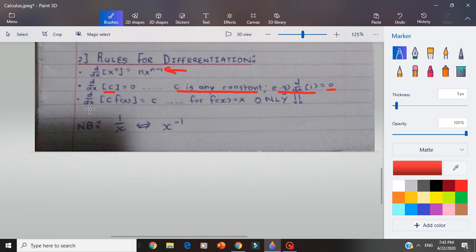And the derivative of any constant times x, remember that, for f of x equals cx, will equal just the coefficient or that constant in front of x. Okay, it's also important to note that 1 over x to any exponent is x to the negative of that exponent, in this case x to the minus 1.